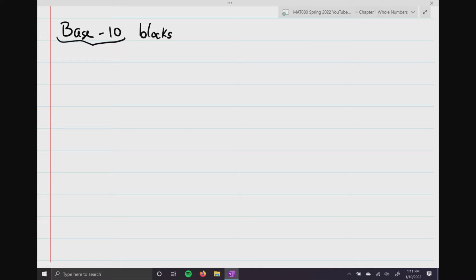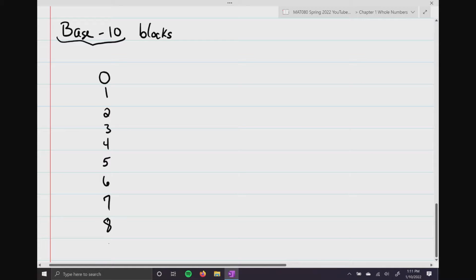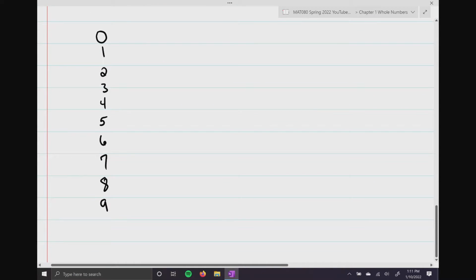But anyways, a long time ago, different cultures had numbers, but they had different bases. Now, what we mean by that is this. When we learn how to count using whole numbers, and I'm going to do it in a column, we start off at 0, 1, 2, 3, 4, 5, 6, 7, 8, 9, and then we start over again.